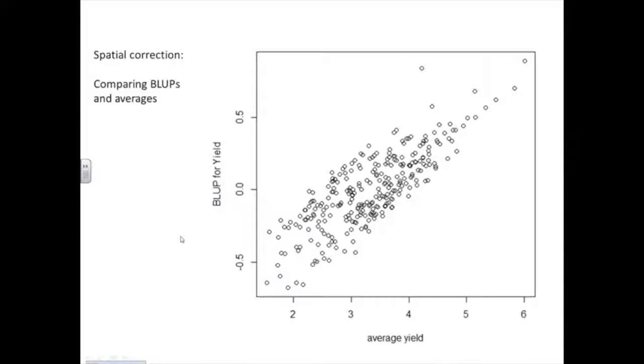So the first time that we went to the augmented designs, what we would do is this kind of regression analysis looking at the blup, looking at normalized to the nearest check, looking at normalized to the checks in each column or each row, etc. Sometimes blup didn't give us the best correlation, but it was always near the top, and it was always much easier to calculate than identifying the nearest check.